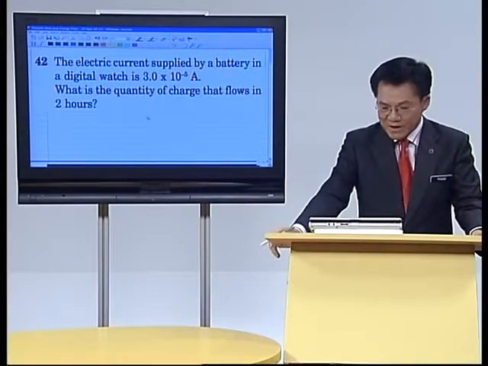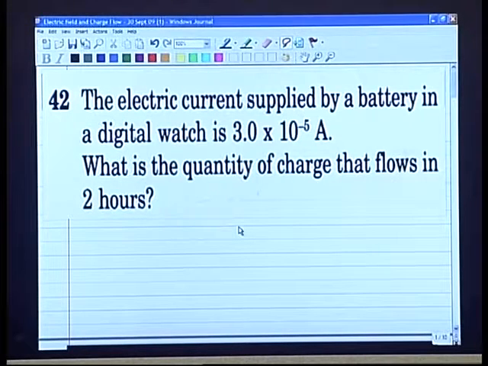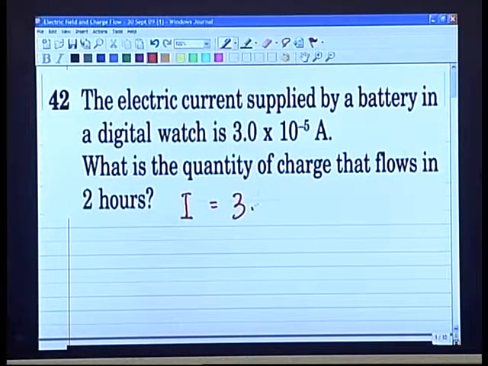All right? Now, the first thing that we need to write is this. What is given, we need to list it. The current is given. So, the first thing that I would write is the current I is equal to 3 times 10 to the power of negative 5 amperes.